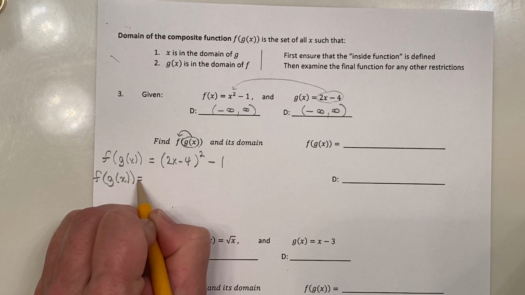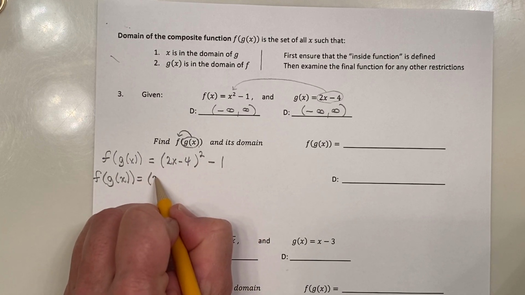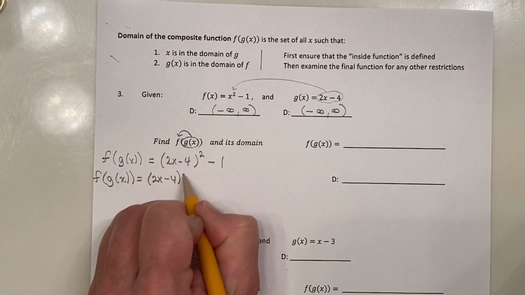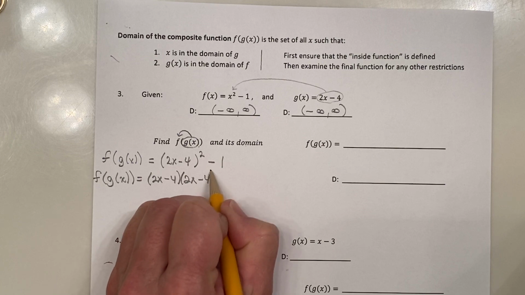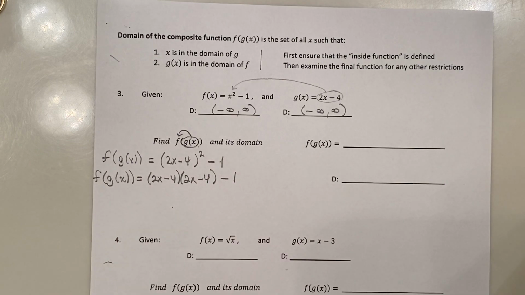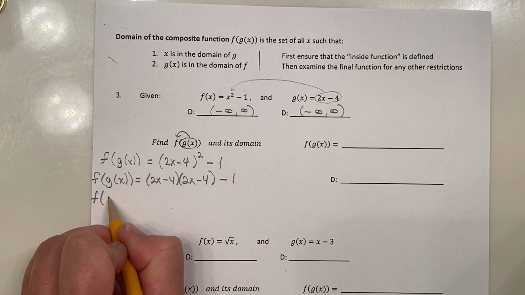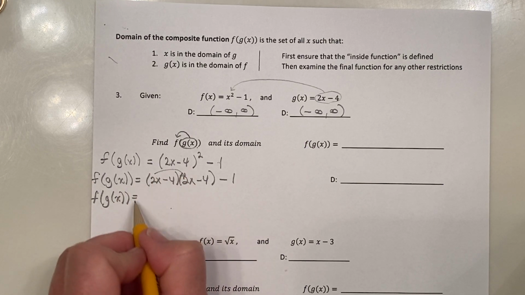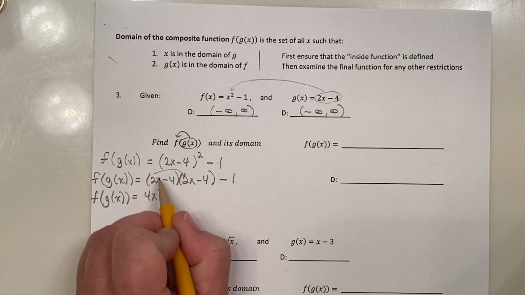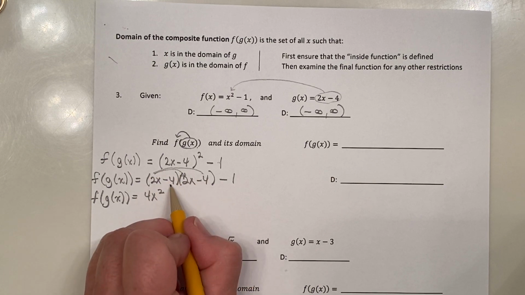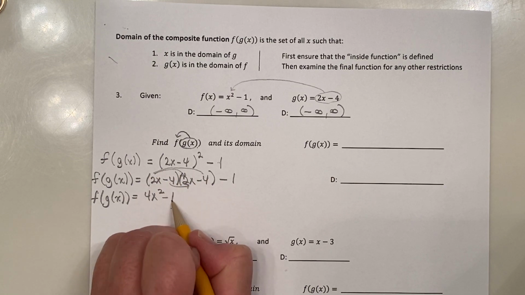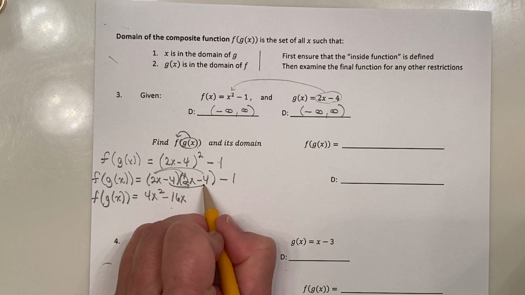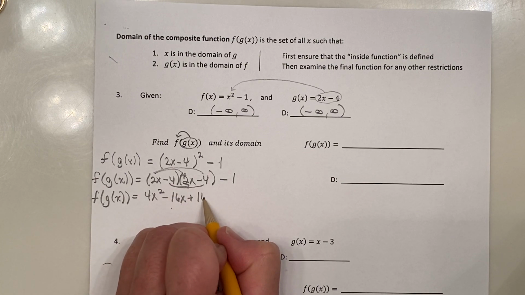Okay, next step, I need to expand, write these two out side by side. And I still have the subtract 1. So let's FOIL and collect. I'm going to FOIL: 4x squared, minus 8x, minus another 8x is minus 16x, and the last two terms multiplied is plus 16.